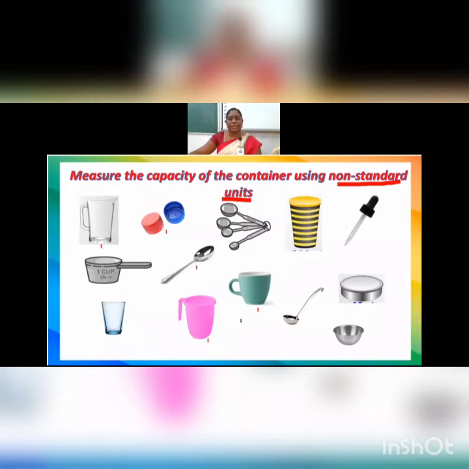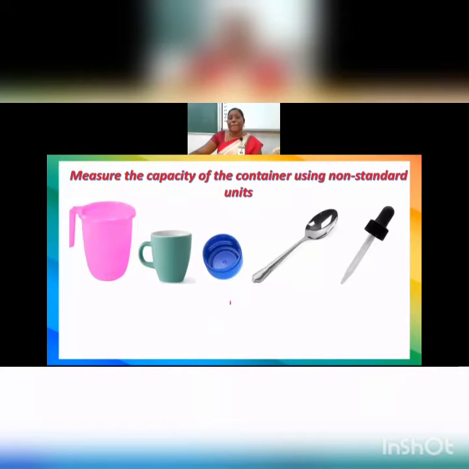Now let's do an activity to measure the capacity of the container using a mug, cup, bottle cap, spoon and dropper. So we are going to measure the capacity of each of these things.